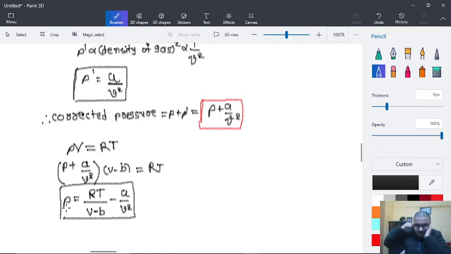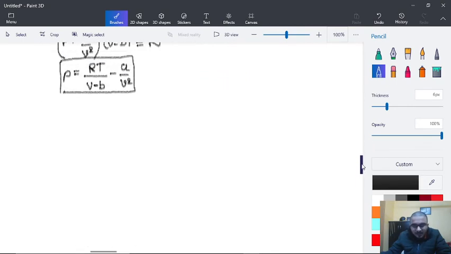Now we will discuss about a slightly different topic, and it is based on this only, that is a PV diagram.